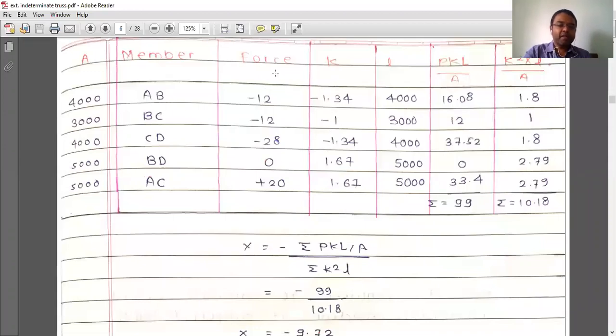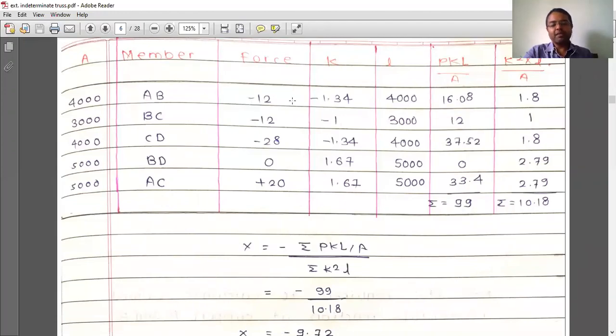The important thing while writing down this table is we have to consider a sign convention, as we are going to take tension as positive and compression as negative. Here the force in member AB, while analyzing by P forces, we have got compression. That's why I have written minus 12.